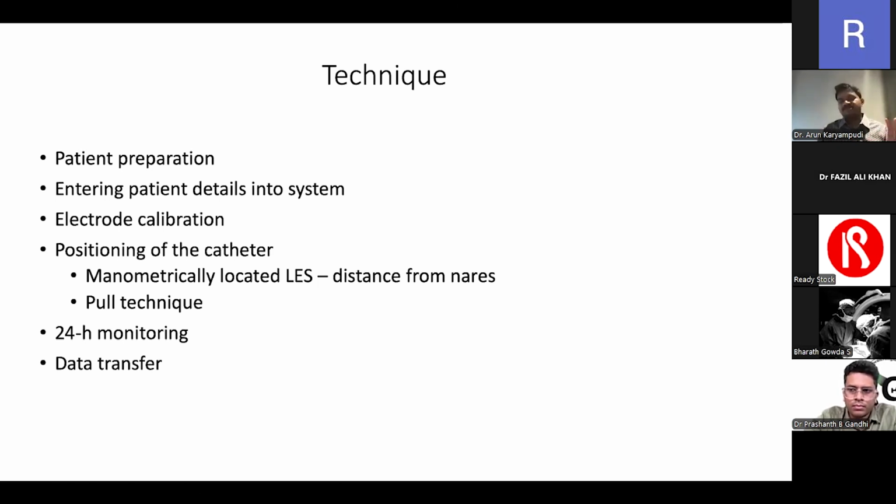And number three, before you send the patient home, you clearly instruct the patient about the buttons, when to use these buttons, and to press the symptom buttons whenever the patient experiences a particular symptom. Only then can you accurately get the reflux symptom association score.